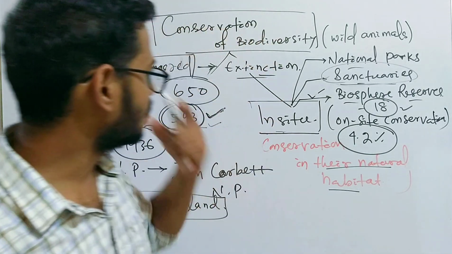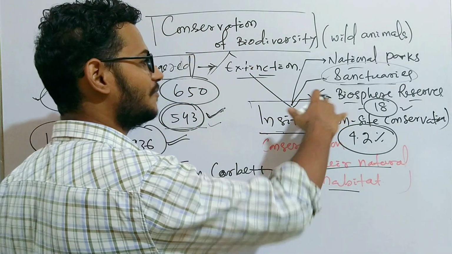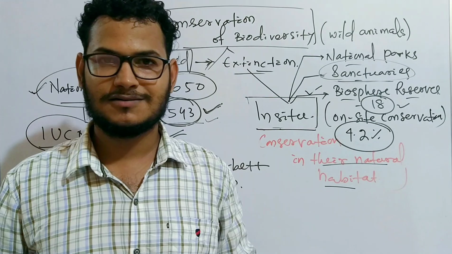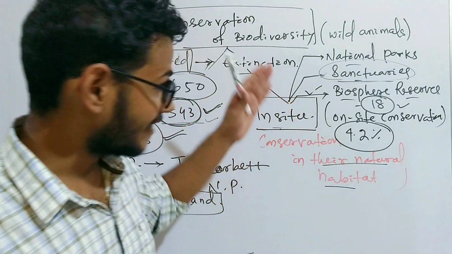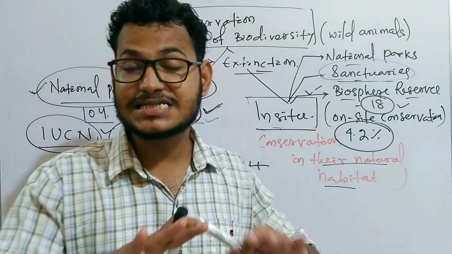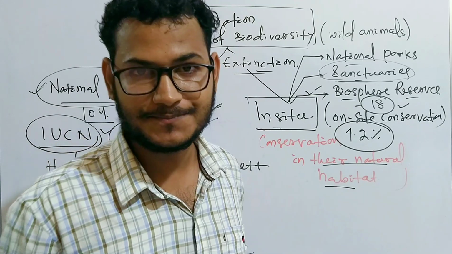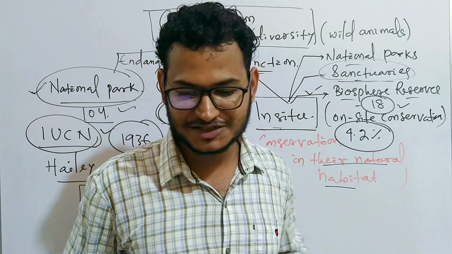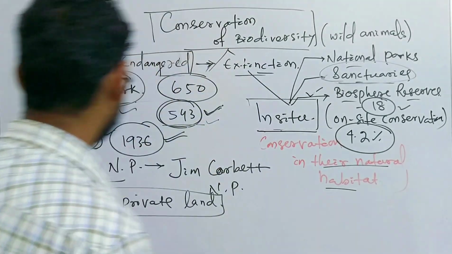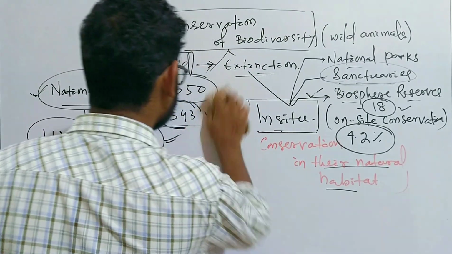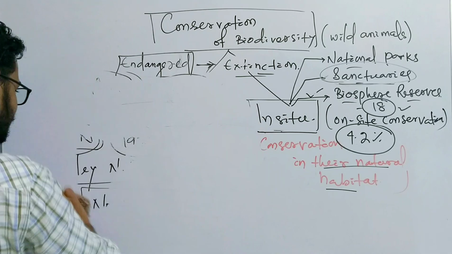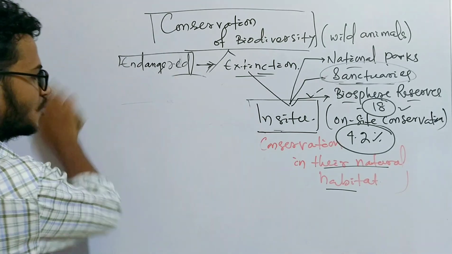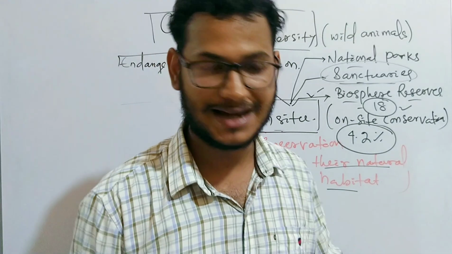Right? So now we will move to the biosphere reserves. Friends, the biosphere reserve is a special category protected area where humans also form a part of the system. So let's see what a biosphere reserve is and how it helps in the protection of wild animals.